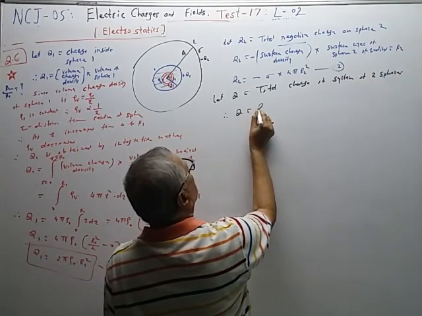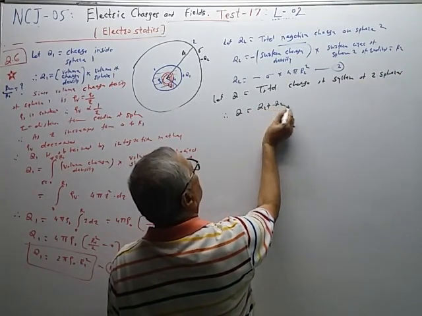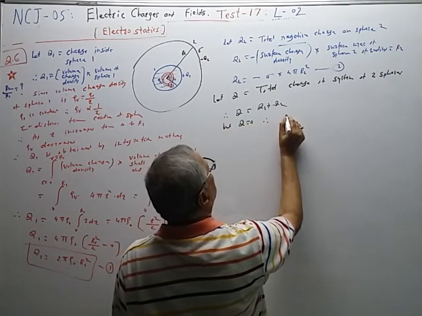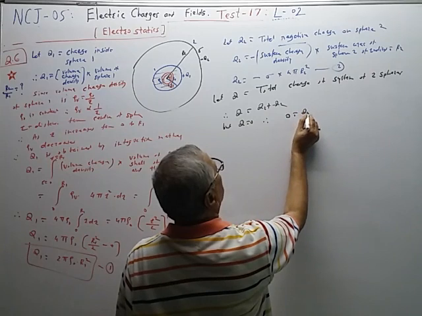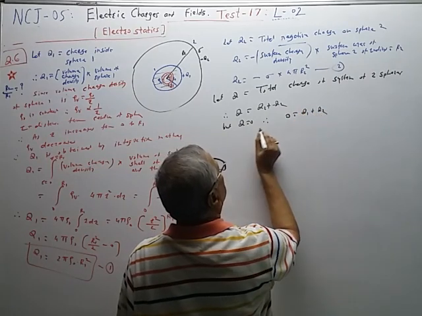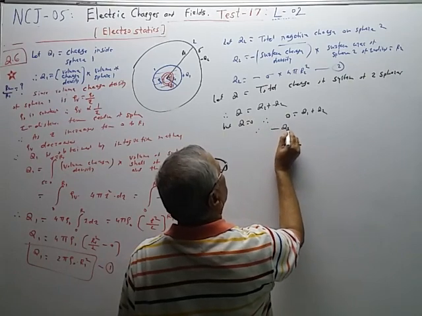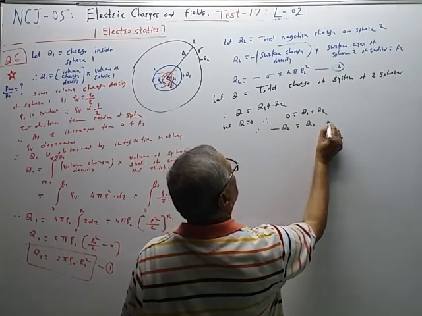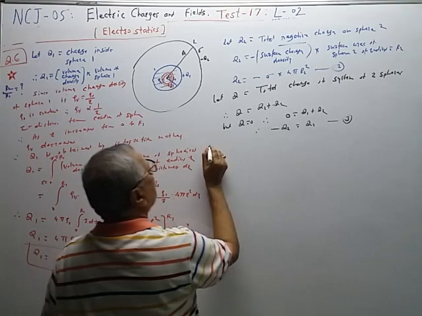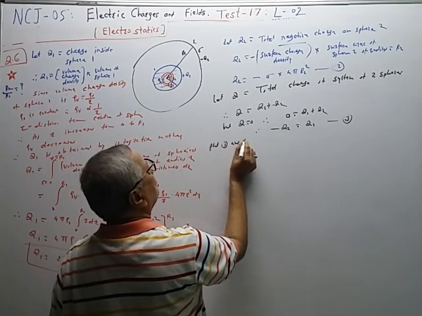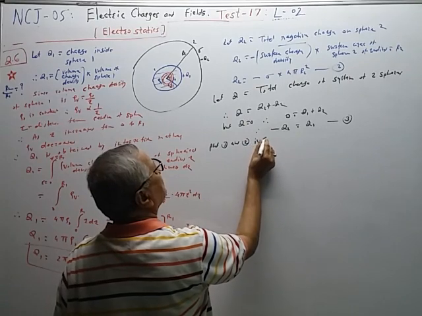Therefore q is equal to q1 plus q2, but q is equal to 0. Therefore 0 is equal to q1 plus q2. Therefore minus q2 is equal to q1. This is equation 3. Put 1 and 2 in equation 3.